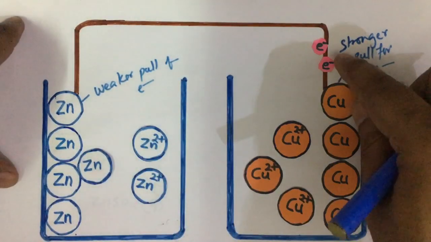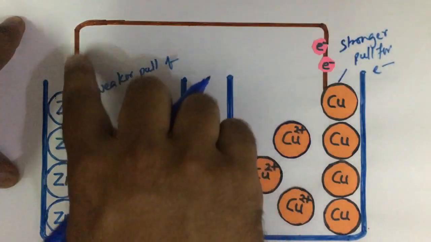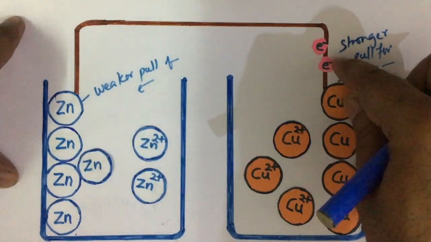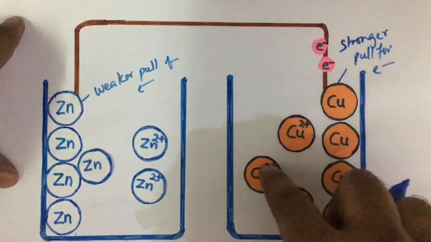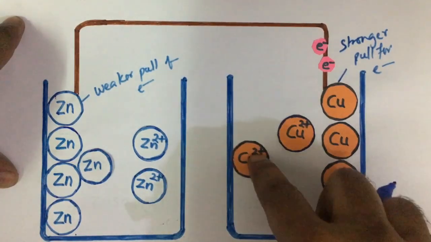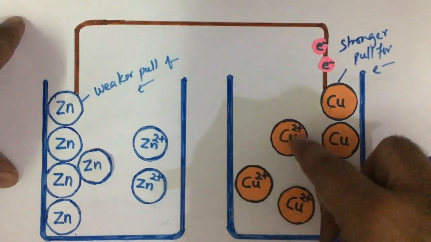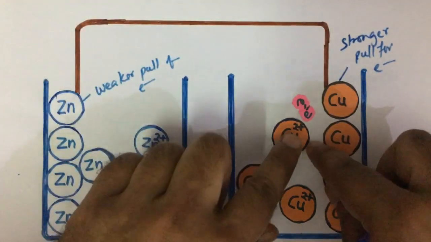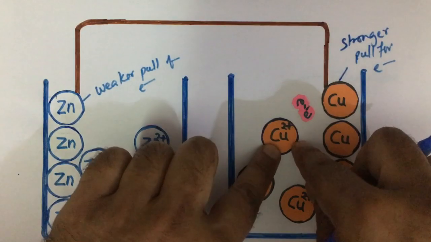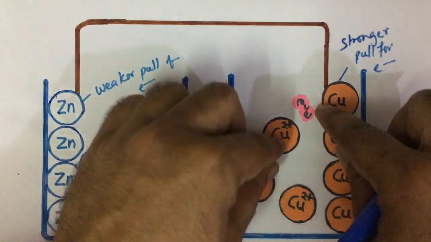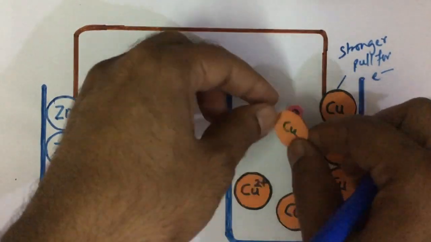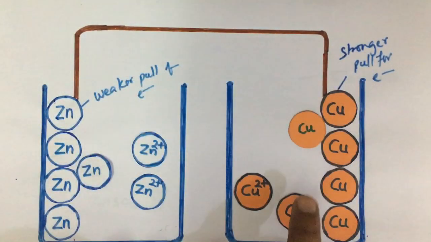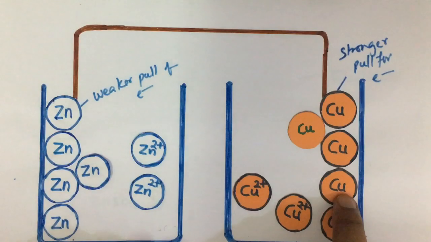Now when the electrons through the external wire reach the reduction half on the copper side, the copper ions dissolved in the water take up the 2 electrons and get reduced. Copper 2 positive and 2 electrons make up neutral copper, and this copper will be deposited on the copper electrode.